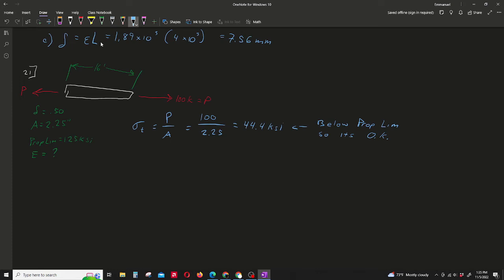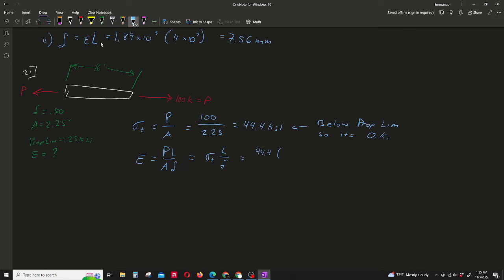And then after we grab that, we can now solve for our modulus here, which is PL over A lambda, which we know P over A is just our stress there. So we take 44.4 times L, which is the 16 feet.